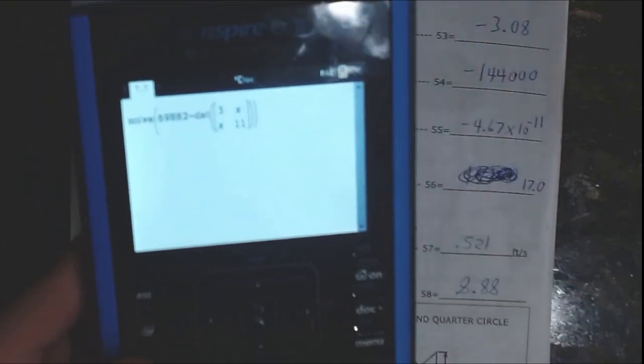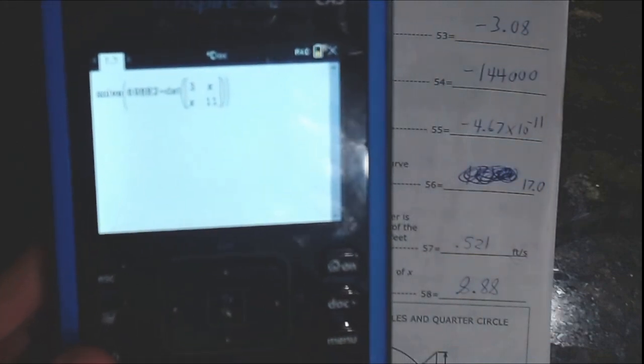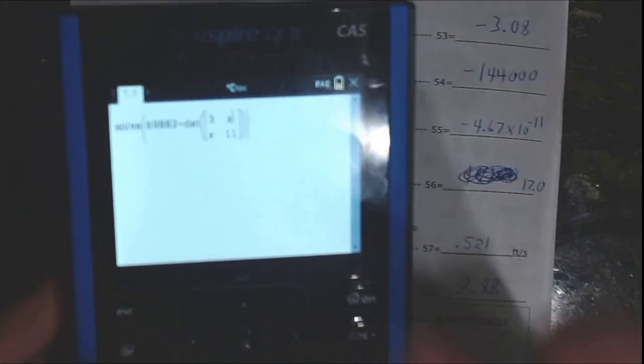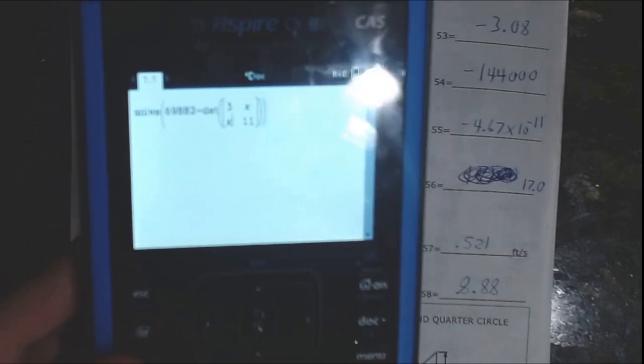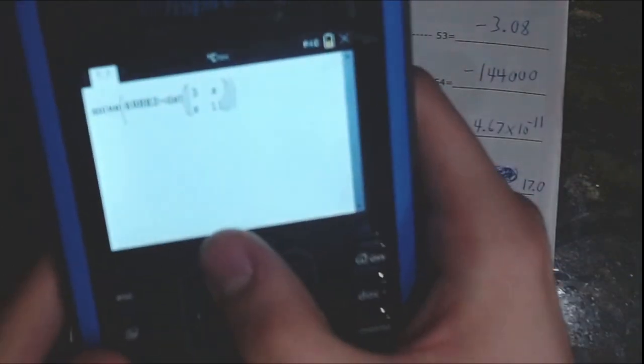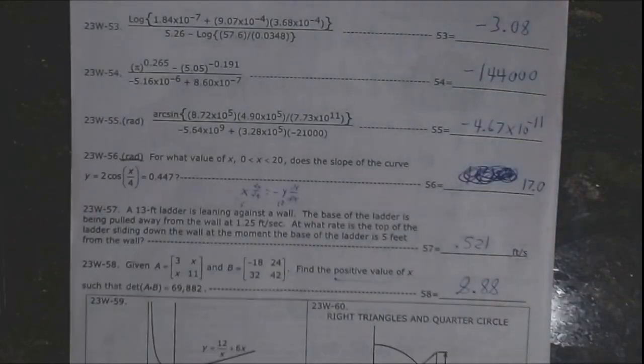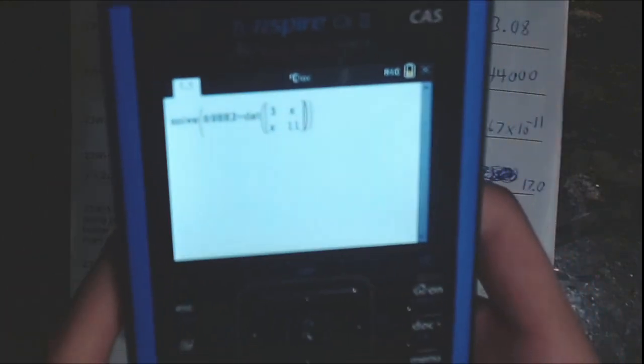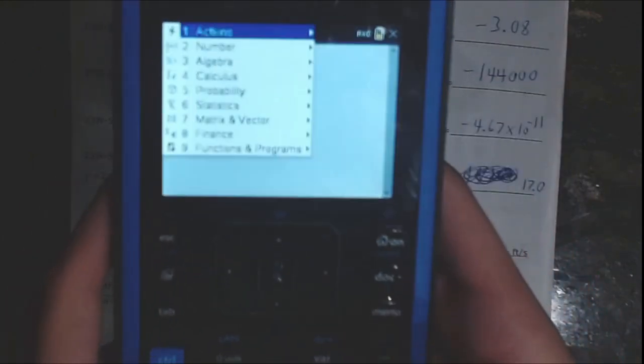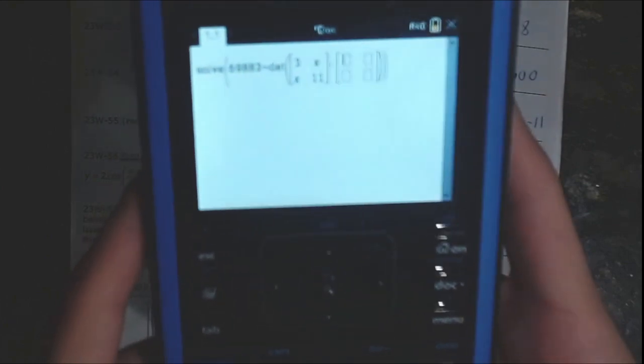I'm just pressing tab. So it goes first row, first column. I do tab, it goes to the next column. Do tab again, it just goes down. Kind of like this Z pattern. It's just a way to quickly write those. I'll just do menu 711 again, so enter. I type in the values in that matrix.